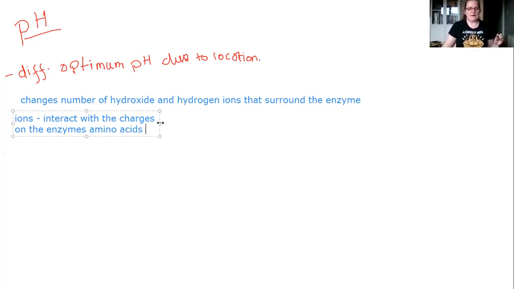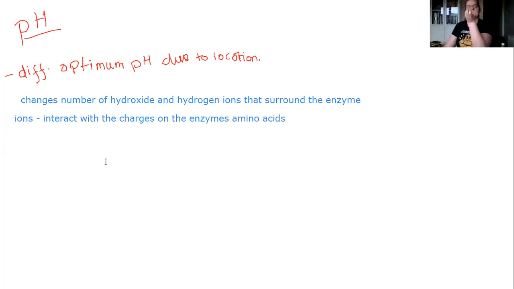So what will happen is, if we're talking about enzymes that have got amino acids at the active site, we've already said, oh yeah, these amino acids on the active site, they're really, really good. They actually increase the rate of reaction. Yeah, but if the pH changes that we find those enzymes in, those amino acids are going to be affected. So what will happen is those ions that interact with the charges on the enzyme's amino acids, they affect the hydrogen and ionic bonding.